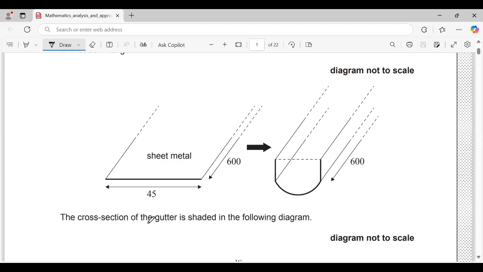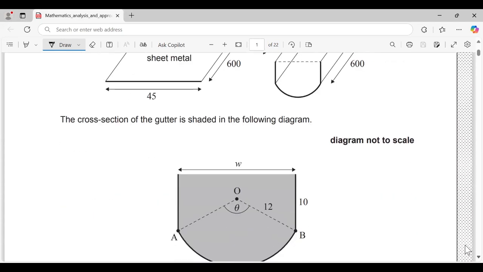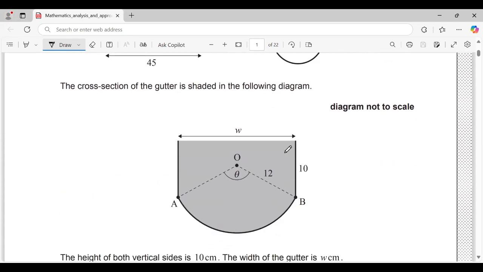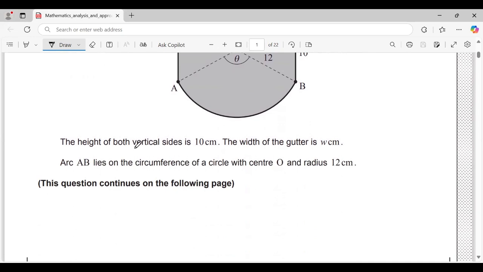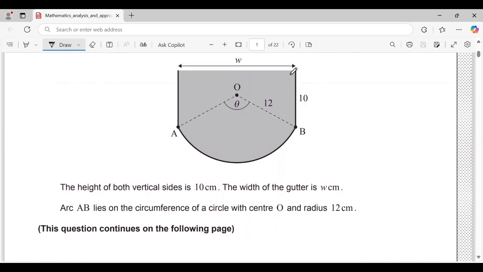The cross-section of the gutter is shaded in the following diagram. Okay, here is a cross-section. The height of both vertical sides is 10 centimeters. The width of the gutter is W centimeters.